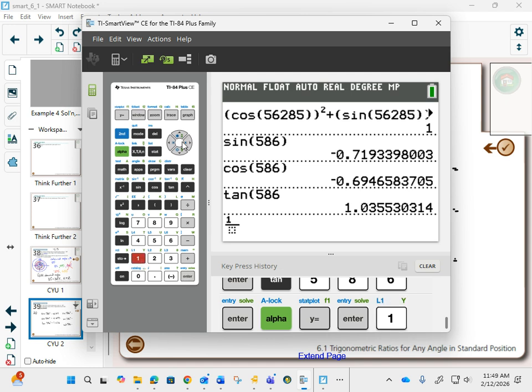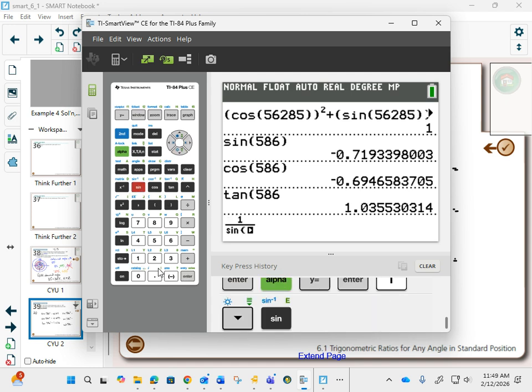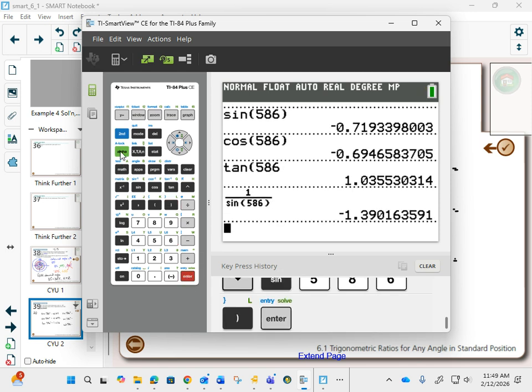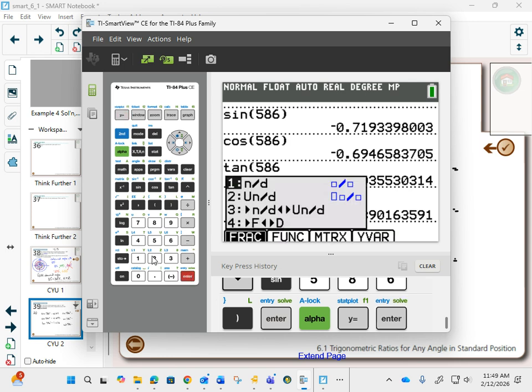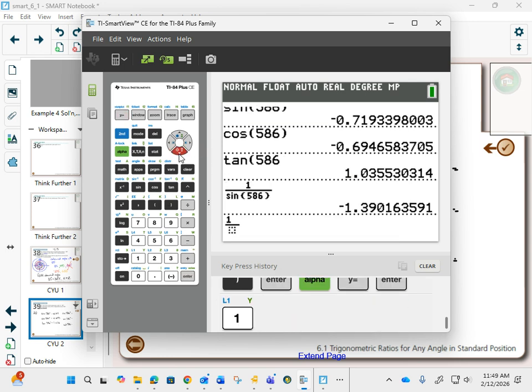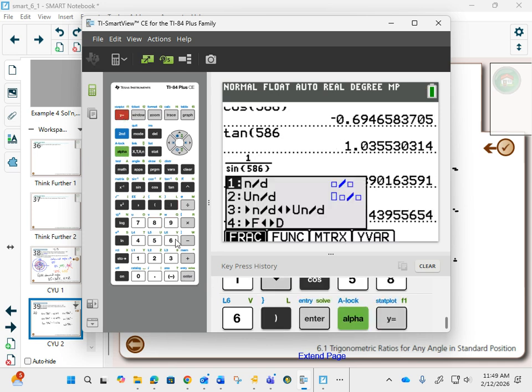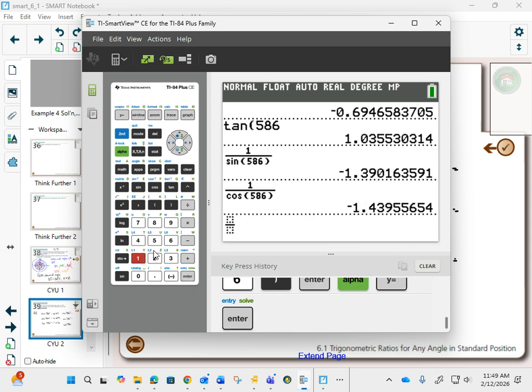But I'm going to write 1 divided by sine of 586, and this will be cosecant. I will do 1 divided by cos of 586, and this will be secant. And I will do 1 divided by tan of 586.